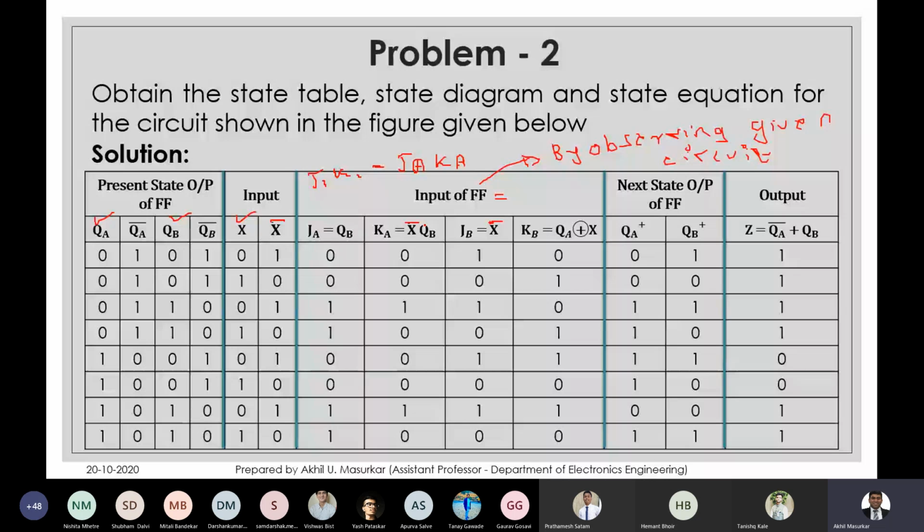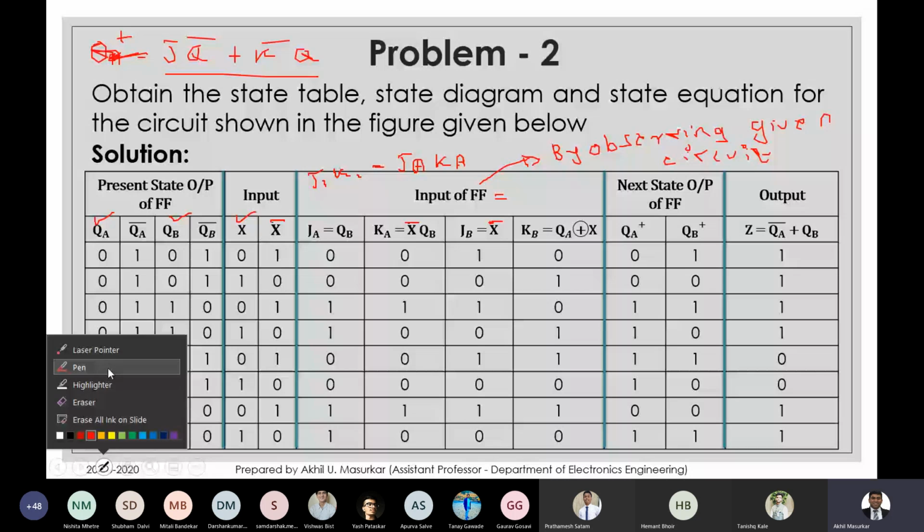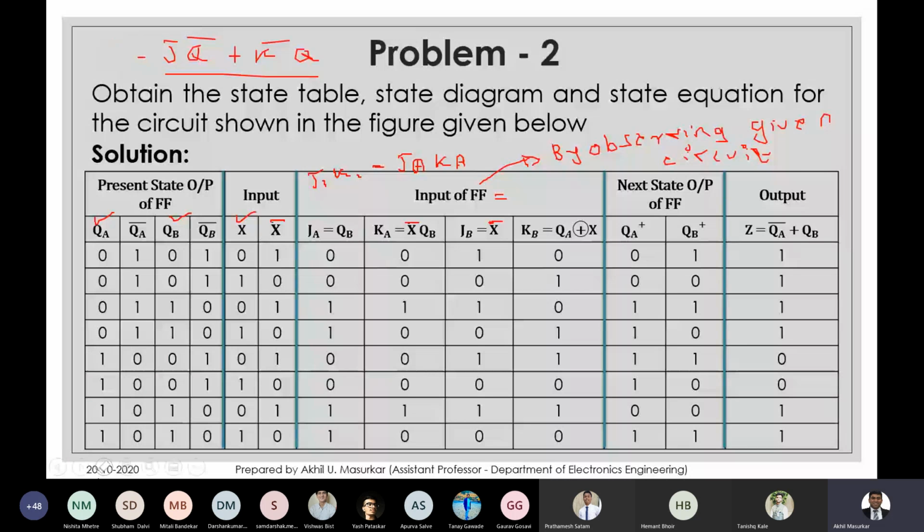I'm just writing it down. Q plus will be J Q bar plus K bar Q, something of this sort. That is, the next state output will depend on the present state inputs and the present state outputs.